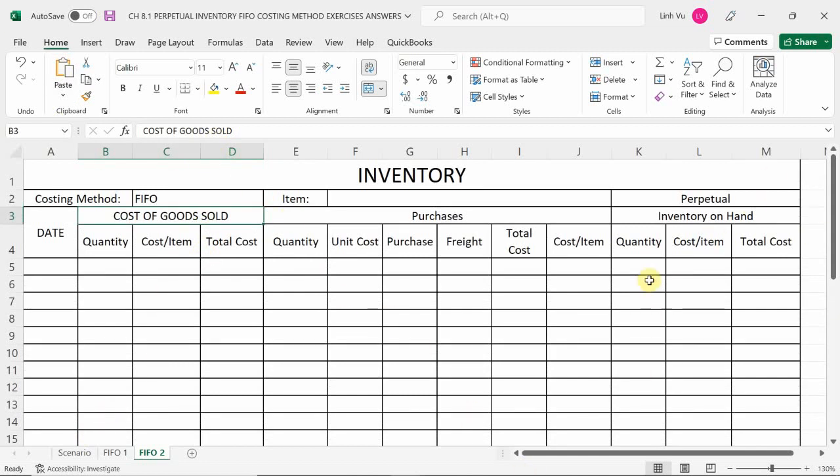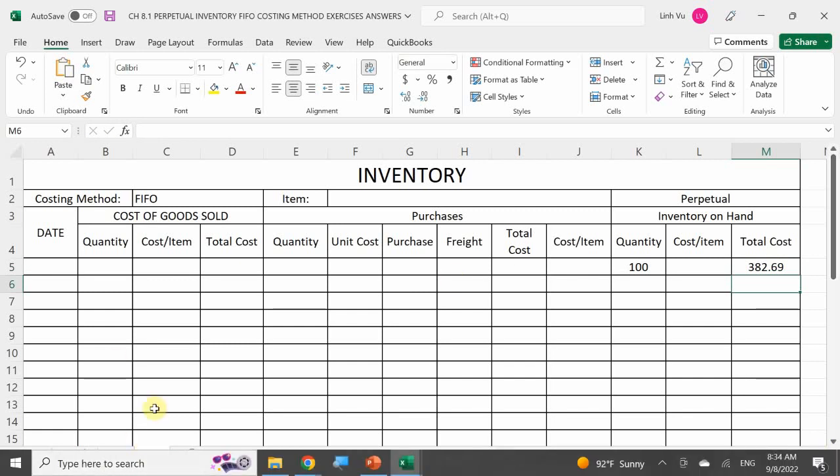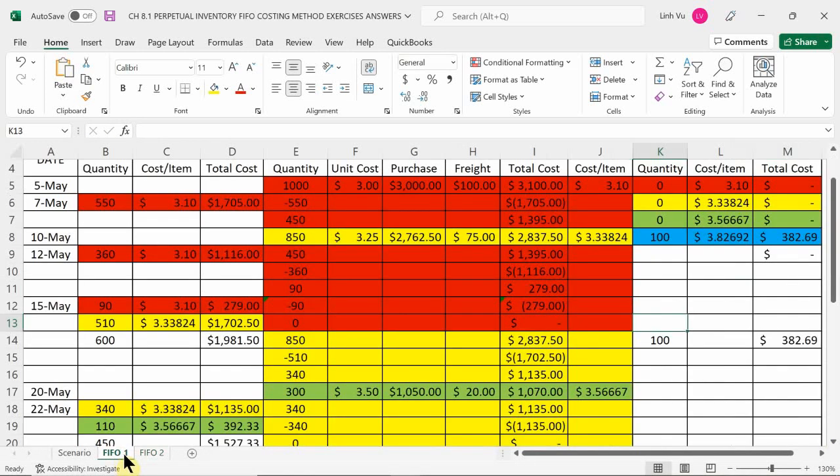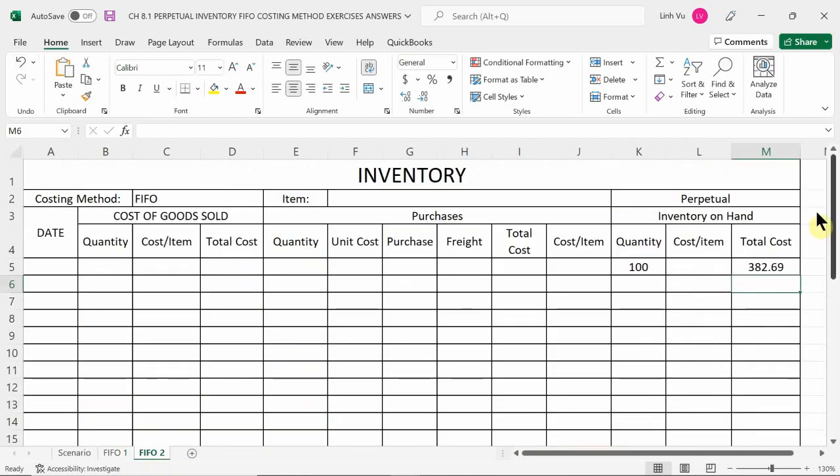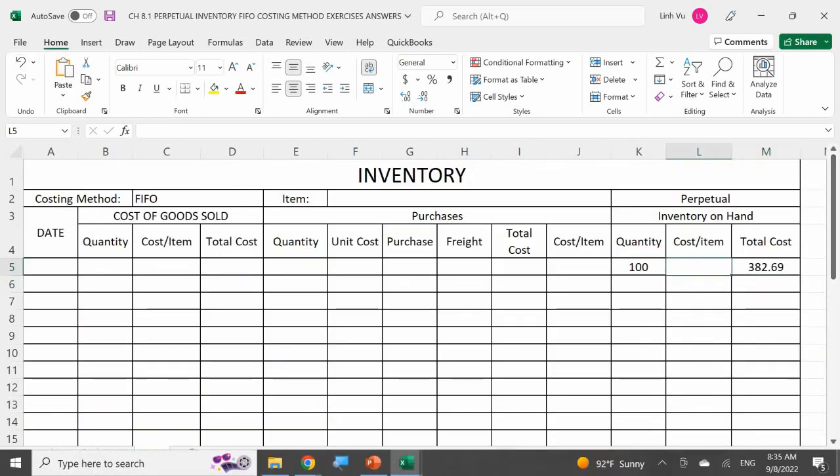It is something that we carried over from the previous scenarios. 382.69 was our number, and this gives me my cost per item.